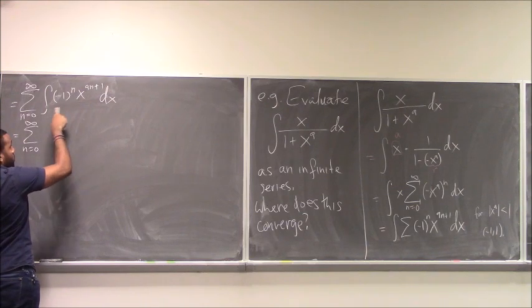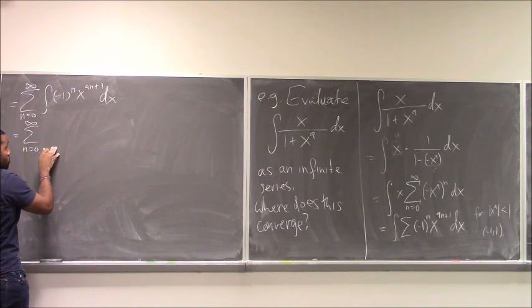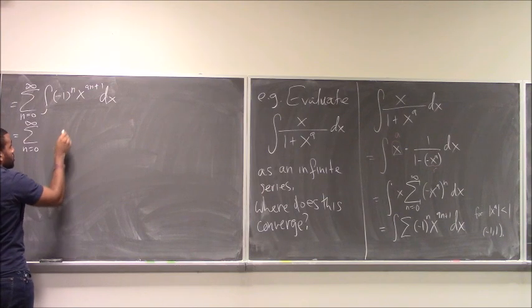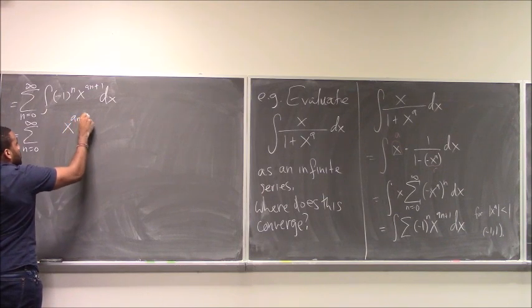What's the integral of this guy? The power rule again, so it's x to the 9n plus 2 over 9n plus 2.